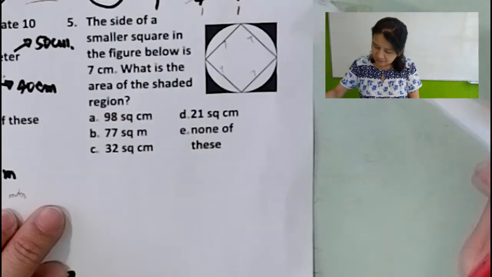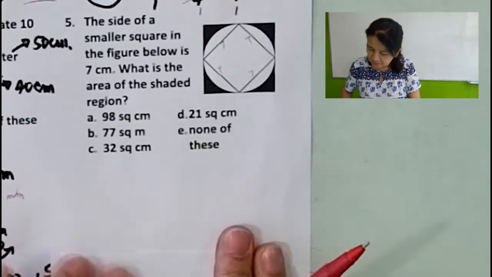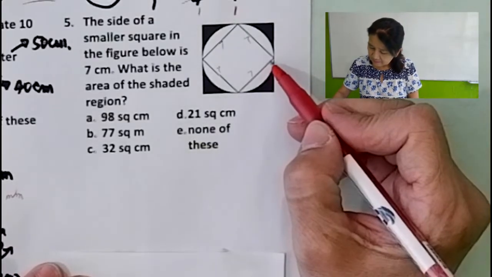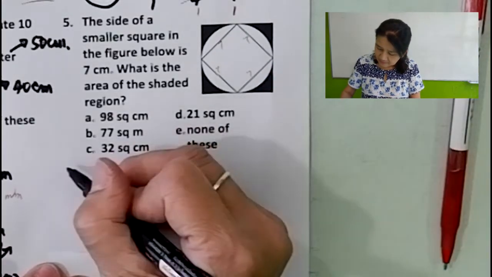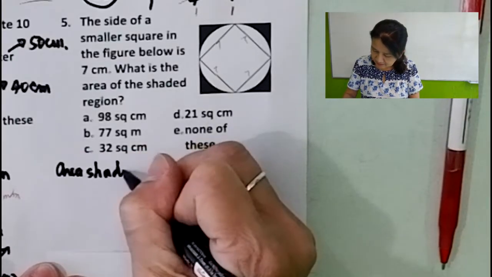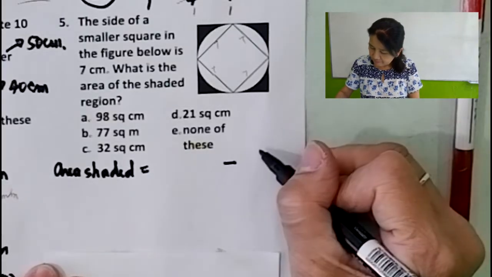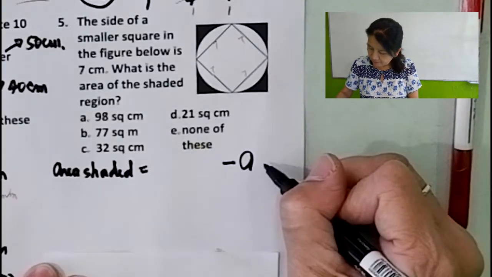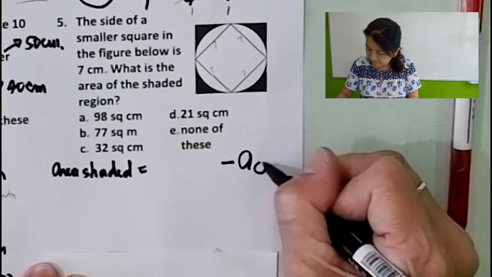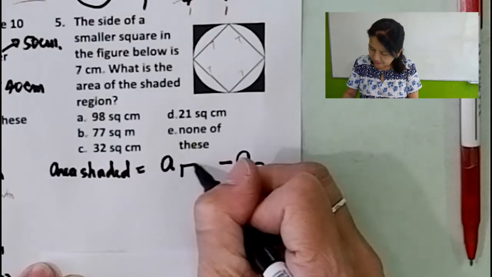Okay, so what you can do here is subtract the area of the circle from the area of the big square.